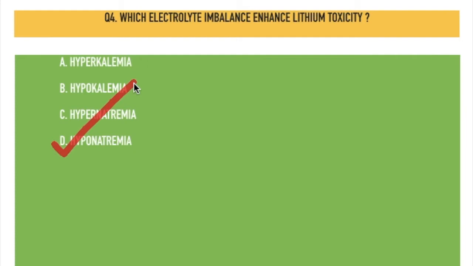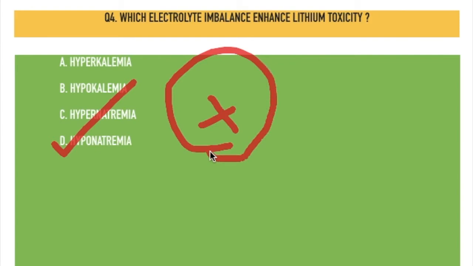How does hyponatremia increase lithium toxicity? See, the valency of sodium and lithium is plus. Okay, they both are cations, and the kidney considers these both cations, lithium and sodium, as similar. So if hyponatremia occurs in the body of a person, what will the kidney try to do?